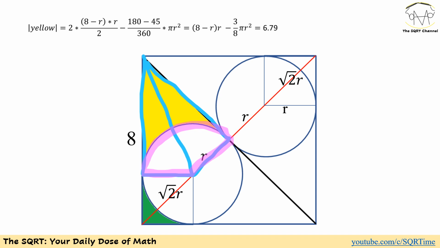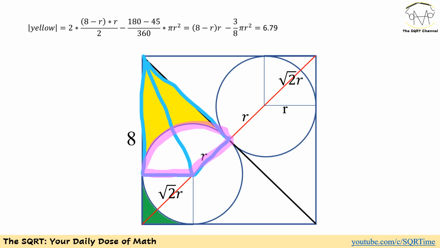Now let's focus on the area that we have for this pink sector. The angle that we are looking for is basically 180 degrees minus 45, since 45 is basically the angle that we have for the diagonal of this small square.